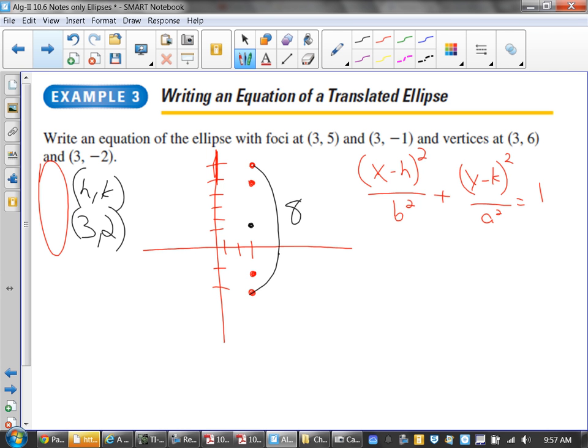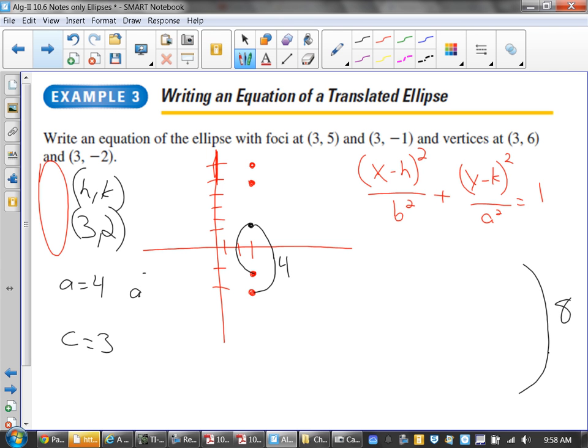Okay. Now I know that if I move this back out of the way, I can go back and count. We know the distance from the center to the vertex was 4. So is that an A or a B? It's A. So A equals 4. I also know that C is equal to 3.